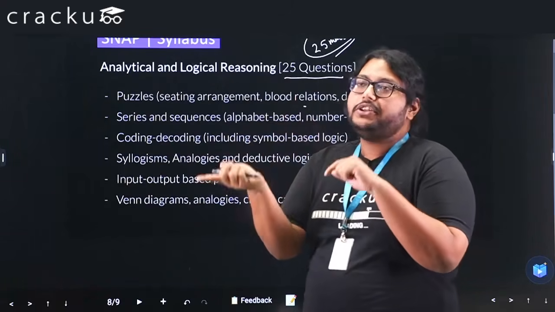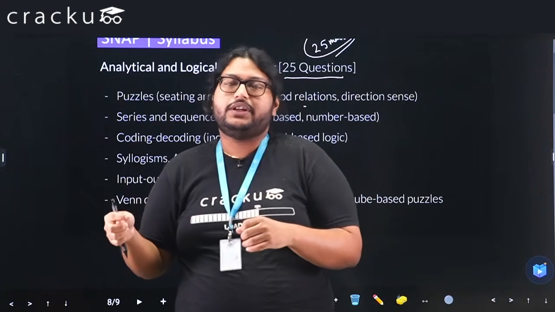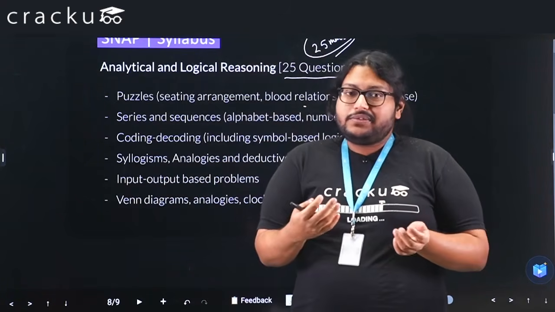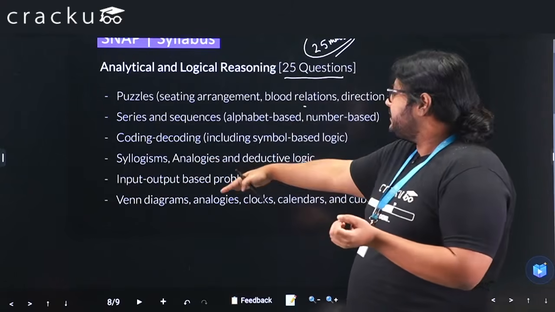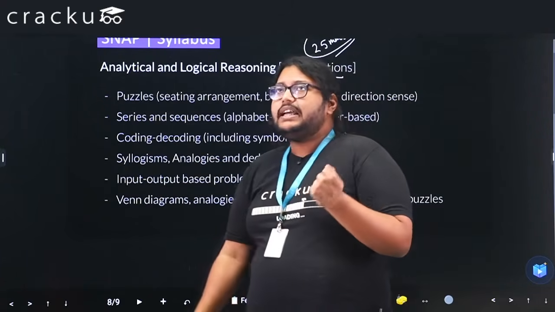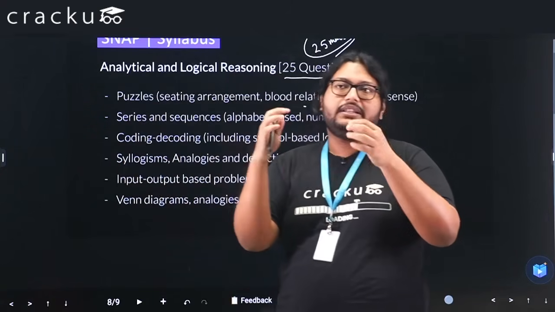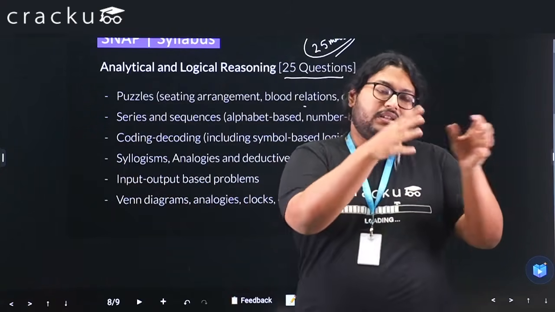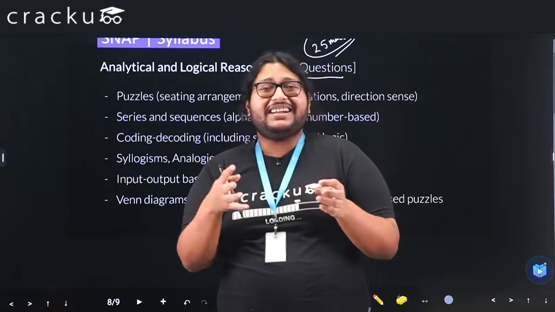So basically you need to figure out the relation of the word that is given, and from there you need to figure out. It can be number based also, and it can be symbol based. Symbol based as in some symbols mean something, and then you are given some other different symbol.